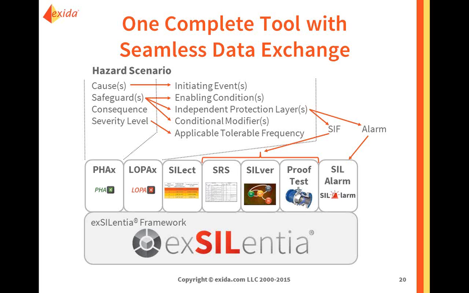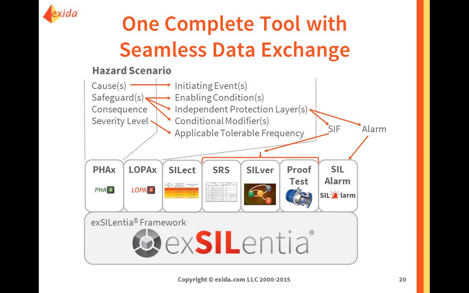And one of the things that's neat about that is that if you do your process hazard analysis using our PHAx tool, you'll define causes, you'll define safeguards, you'll have consequences with certain levels of severity, and you can assign those to a hazard scenario. And then when you want to evaluate that hazard scenario, those causes are initiating events.